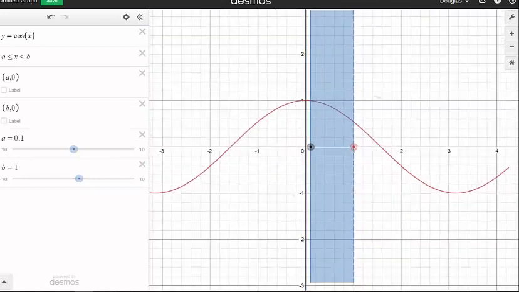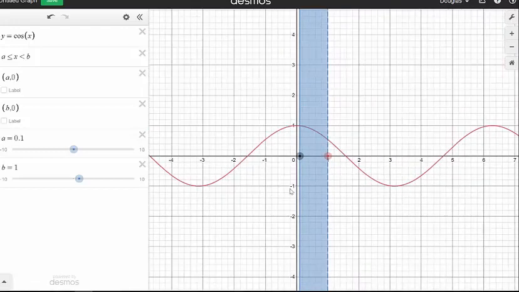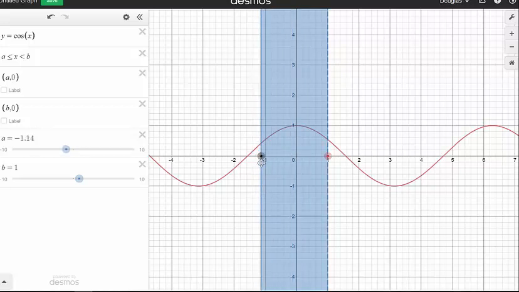Alright, so let's go ahead and try and figure out where we can make this one-to-one, where it will pass the horizontal line test. Note that up here at the top, we want to get this as close to the origin, or centered at the origin, if we want. If we go to the left of the origin, you can clearly see that we will begin failing the horizontal line test.